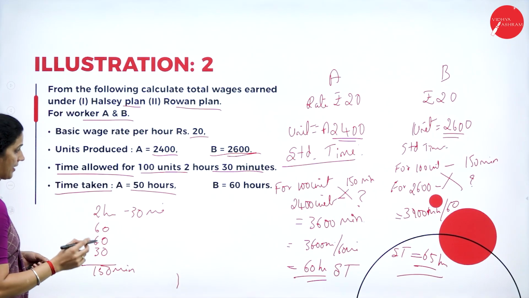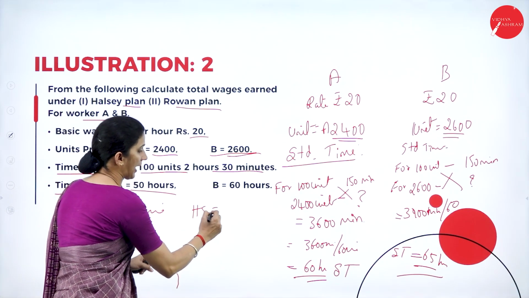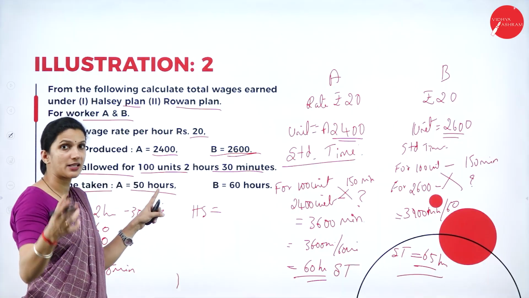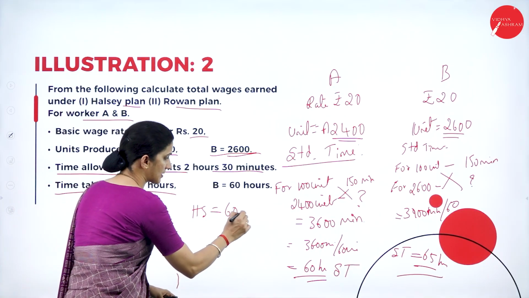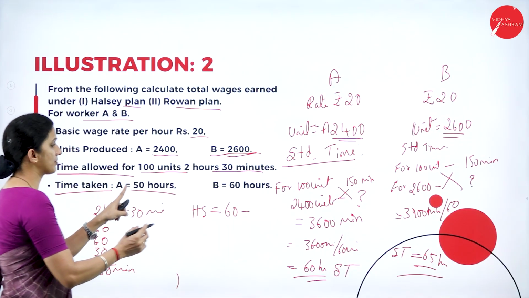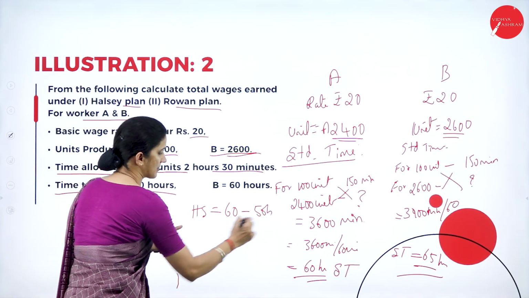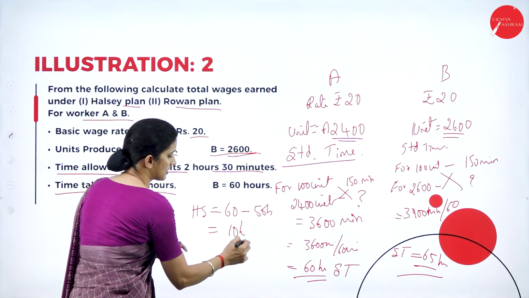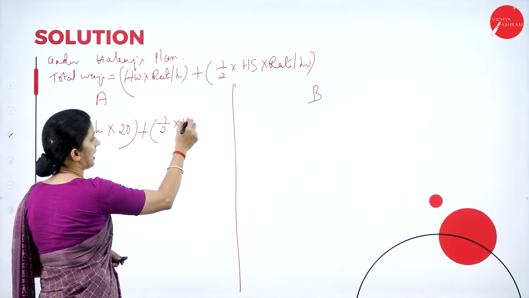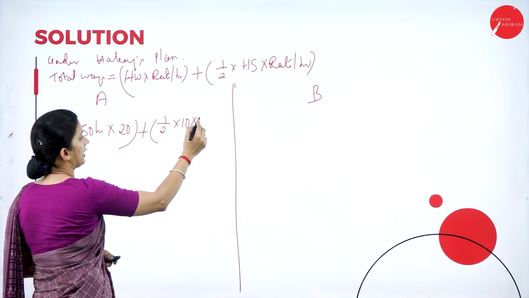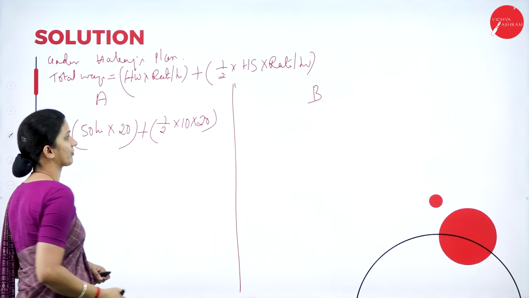What are the hours saved? Hours saved for A is the standard time minus actual time. The standard time for A is 60 minus actual time taken 50 hours, so hours saved is 10 hours. So half of 10 hours into rate per hour 20.